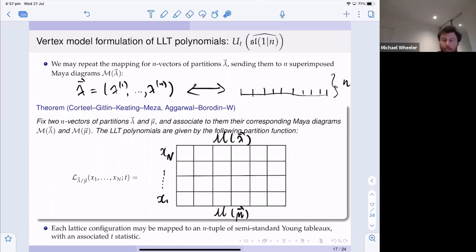Then you can meaningfully include these parameters. But as stated here, you can't really do it. But I should point out that in that paper, we looked at inhomogeneous versions of LLTs and actually defined essentially a factorial version of LLT polynomials, where those parameters indeed play a meaningful role. So yeah, you can do this, yes.